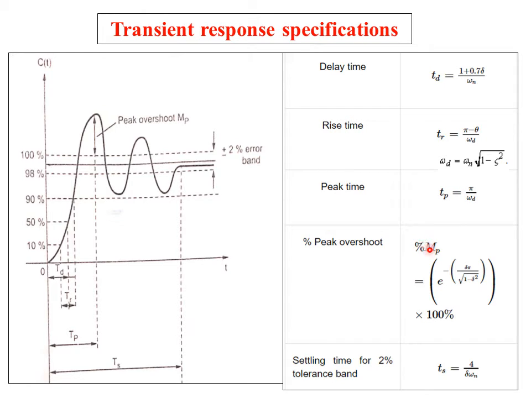Percentage Mp is equal to e to the power minus zeta pi upon under root 1 minus zeta square, into 100%. The settling time ts is equal to 4 upon zeta omega n. So only three factors we are considering: the natural frequency, the damping factor, and the damped natural frequency.